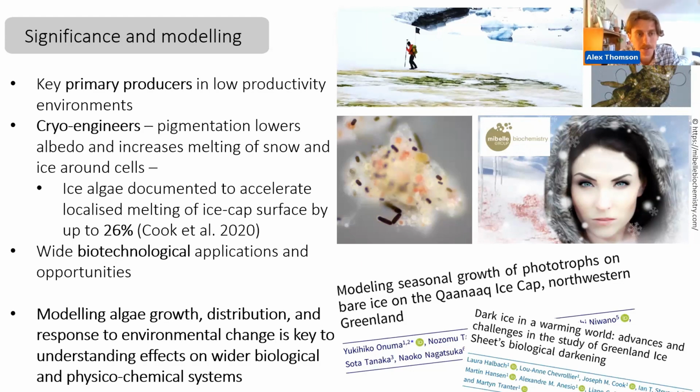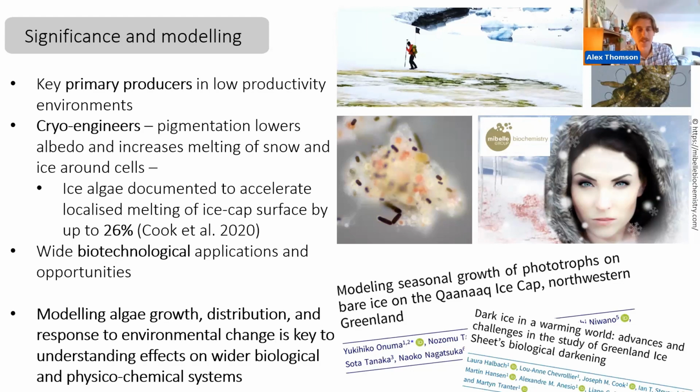And there's a lot of work being done now to understand what the additional contribution of this biological factor is on glacial melt dynamics. So this paper by Cook et al. highlights just how significant that is. They found that in localized spots on the Greenland ice cap, the accumulation of these ice algae, this biological material, was contributing to an additional acceleration of up to 26% of glacial surface meltwater.